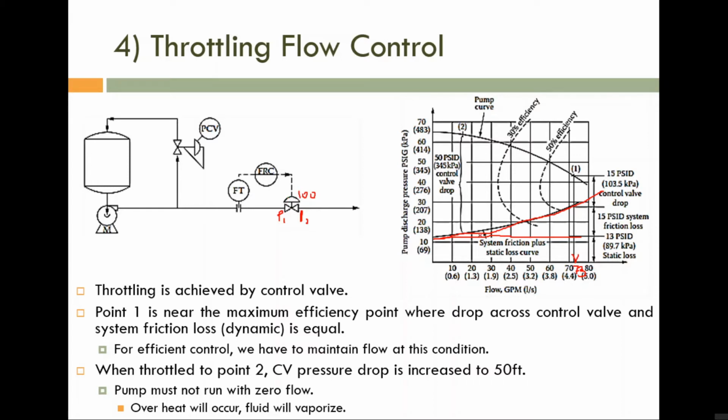Along with this system curve, we have an additional loss due to the 100% open control valve, which will reduce if the flow rate is reduced. Please note the loss due to the 100% open control valve is something like this. This is a shift from the normal system curve.